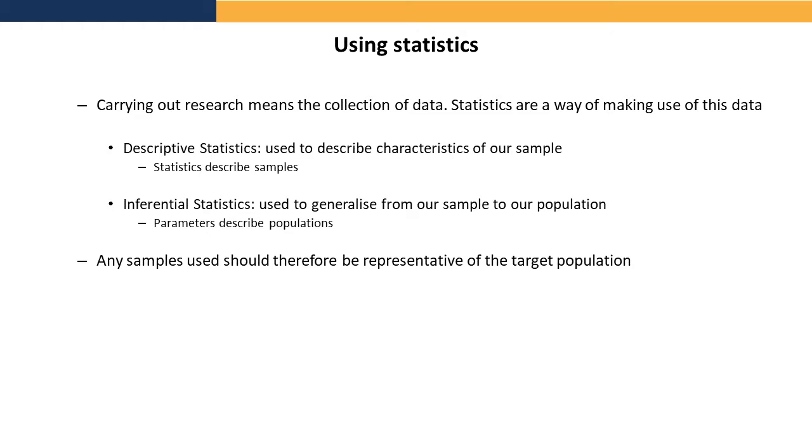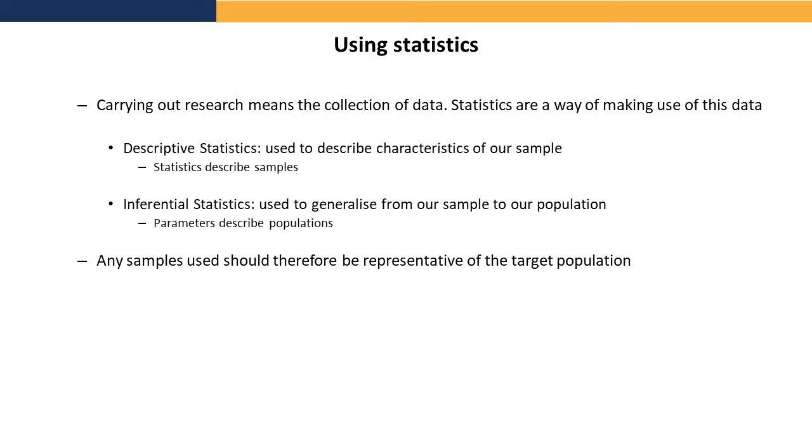Descriptive statistics is used to describe the characteristics of our sample, meaning how many male, how many female, how many said agree, how many said disagree for each question. Inferencing is used to generalize from our sample to our population.